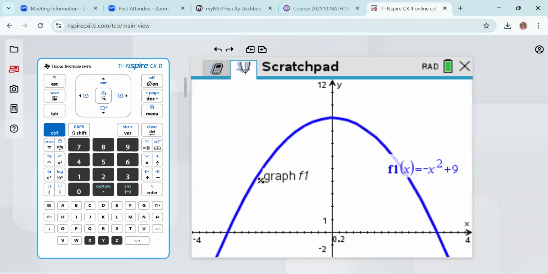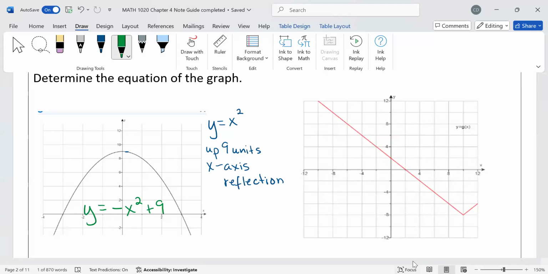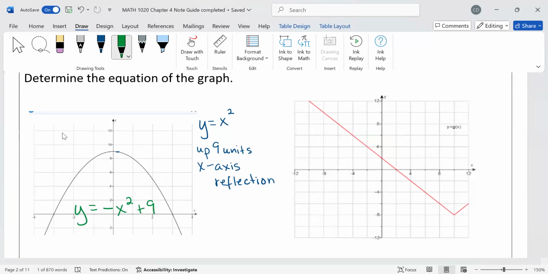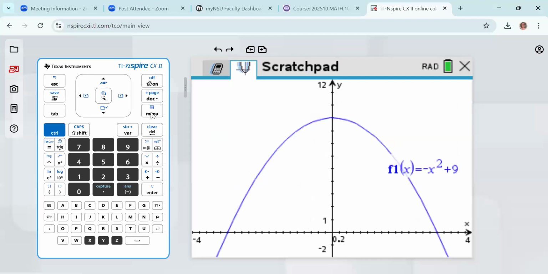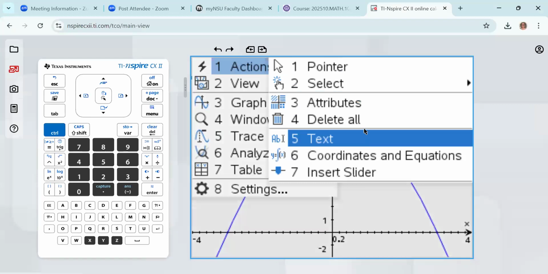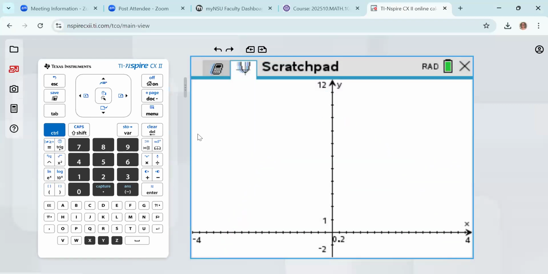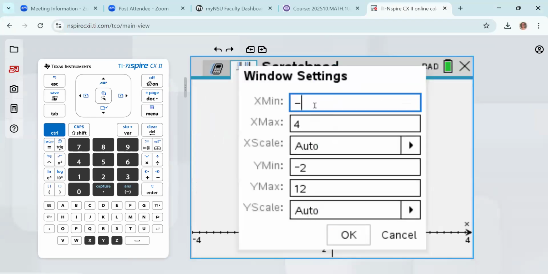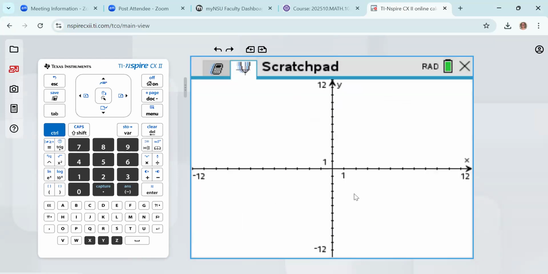So this looks better. It's more along what we have on the screen. So you can double check your equation. All right, so this one is actually in a 12 by 12 on the window. So let's go ahead, let's delete all. And you can change the window after you graph.